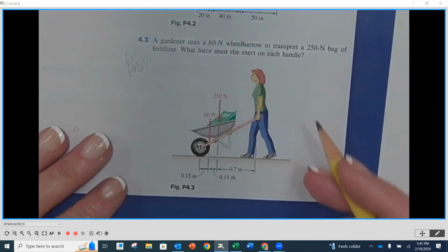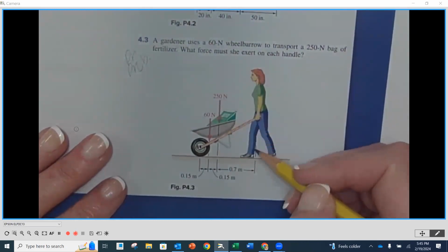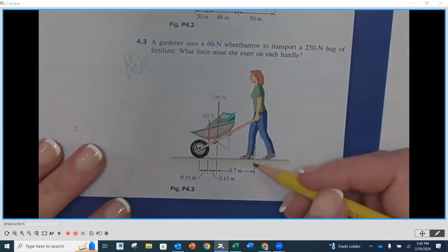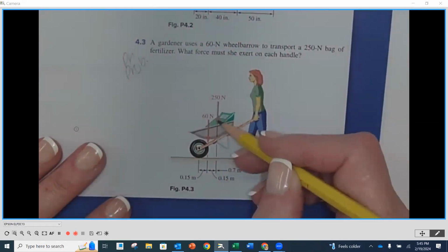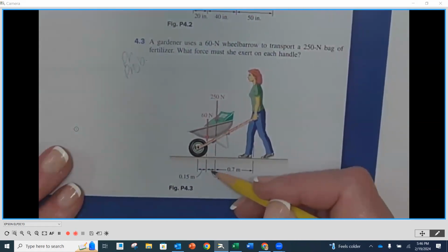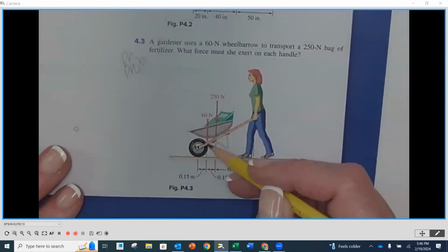So you'll notice here that we have the arrangement where she's lifting, it's 0.7 meters to where the weight of the fertilizer bags is concentrated. So we see that force of 250 newtons. And then between there, there's 0.15 meters, and then they have the 60 newtons.